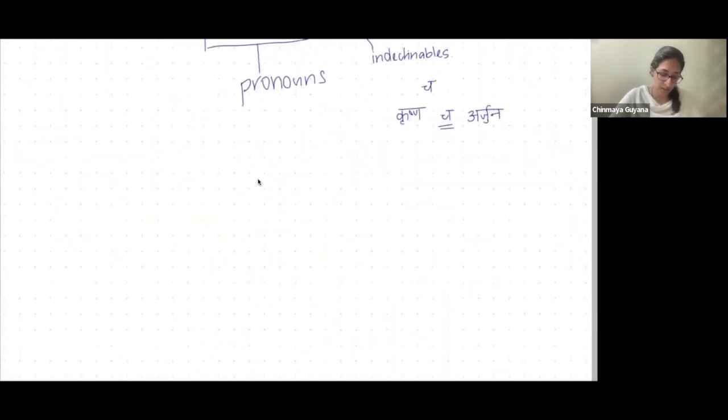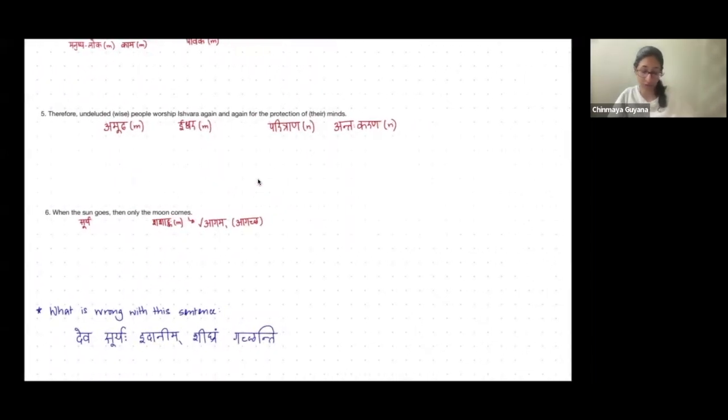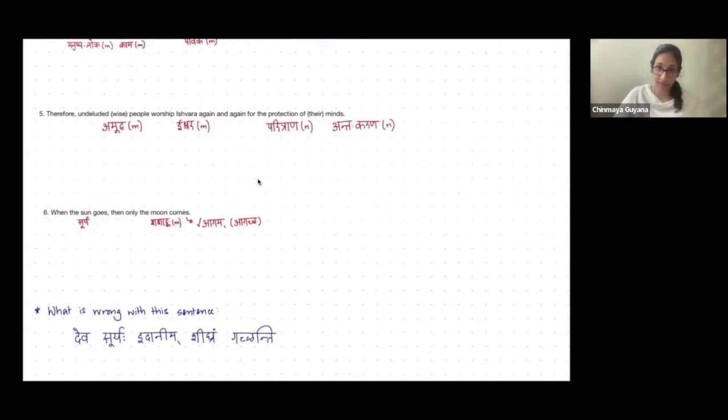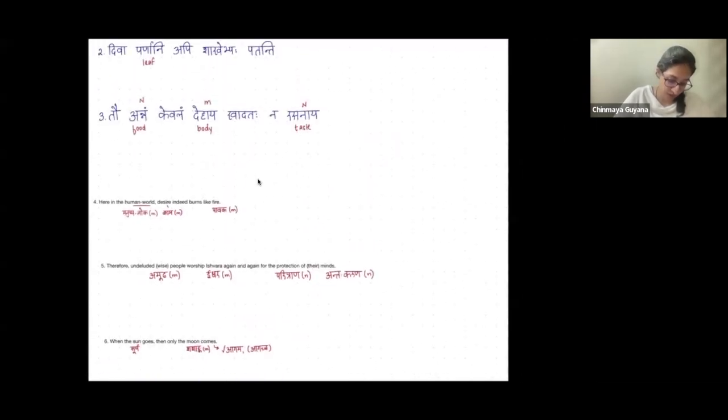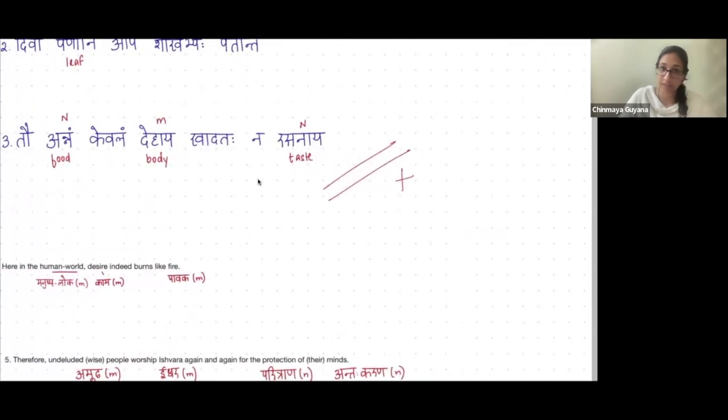Homework is going to be sentences. There are 6 sentences and a bonus question: what is wrong with this sentence? For today, you only need to do 1 to 3, plus the declension table. I'll send you a declension table and a conjugation table.